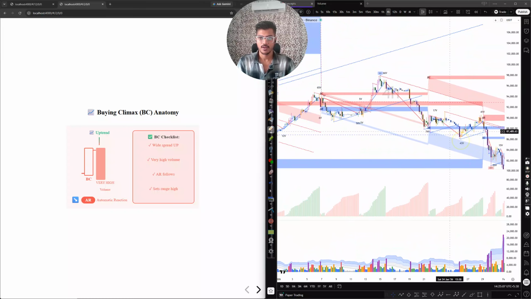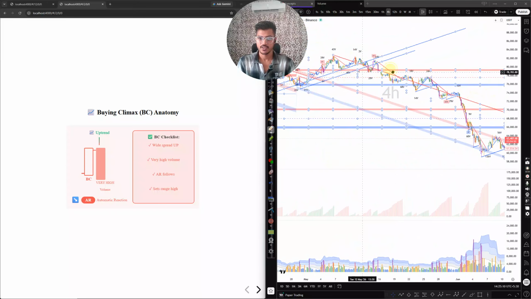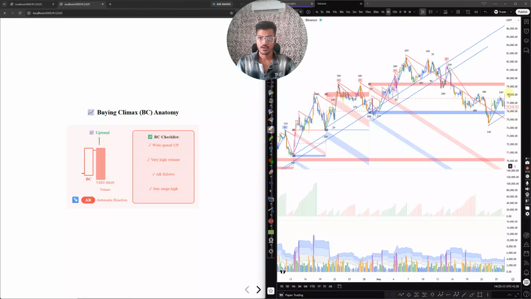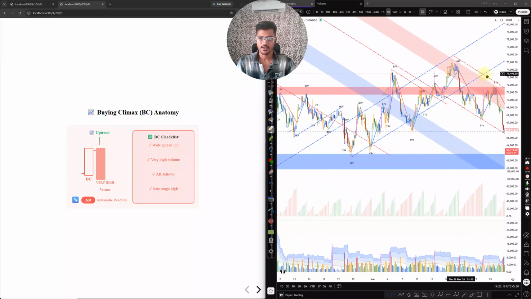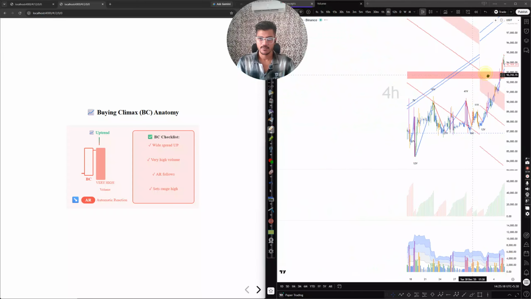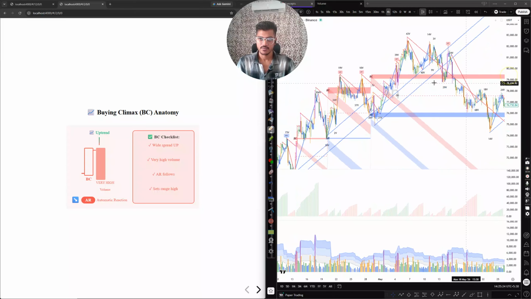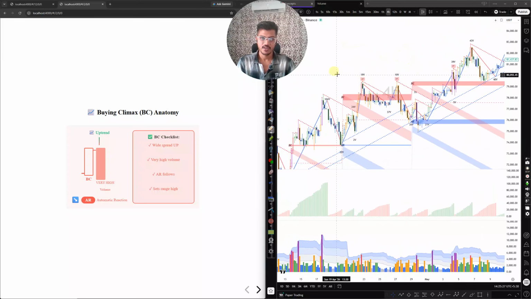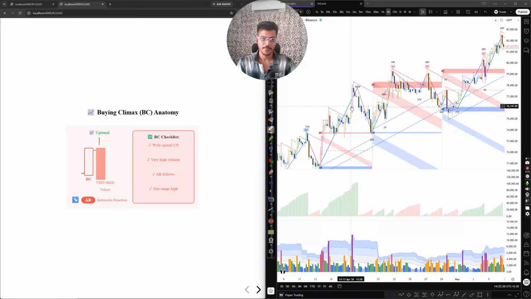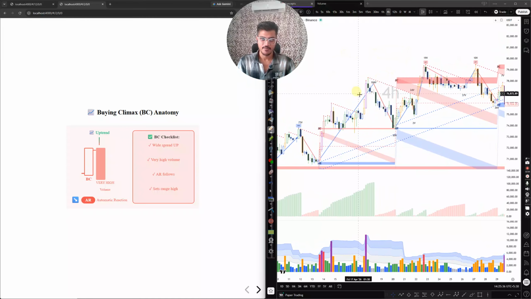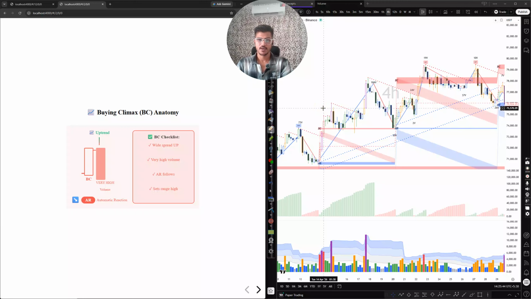Looking at the distribution here, let's just look at this one. In distribution, what we see is widespread up bars, very widespread upside candles. And as it goes up, we know that the volume is going to be very high.